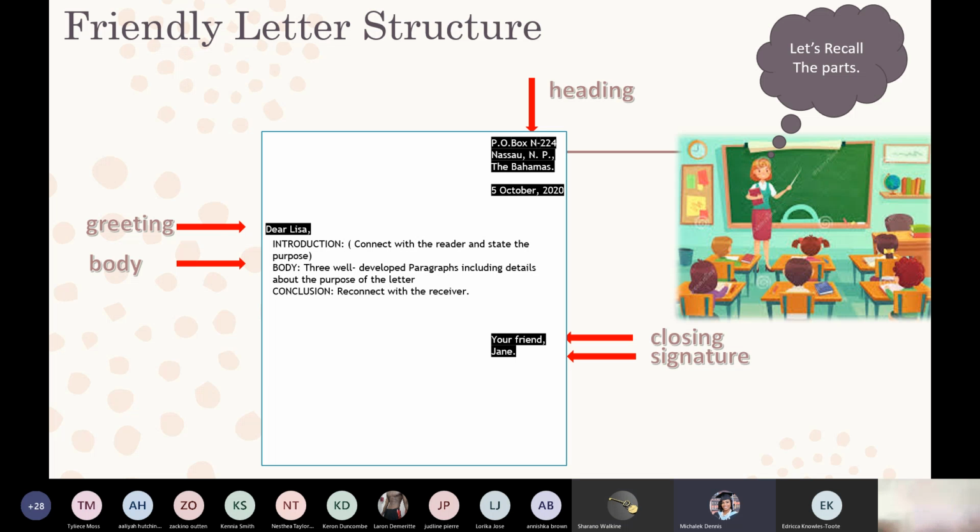And then we have your closing, Your friend, and remember your comma after friend. Now, I get this a lot, some of you make the mistake of capitalizing the F in friend. No, you're not supposed to do that.